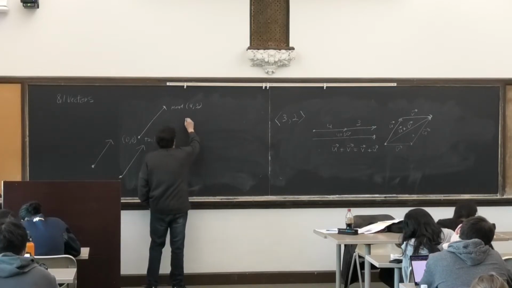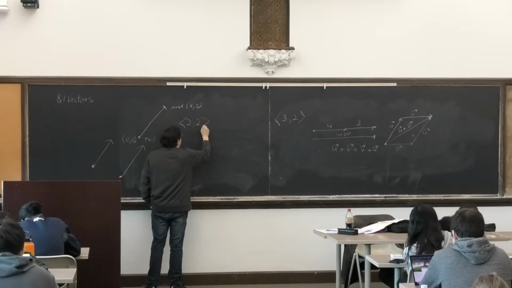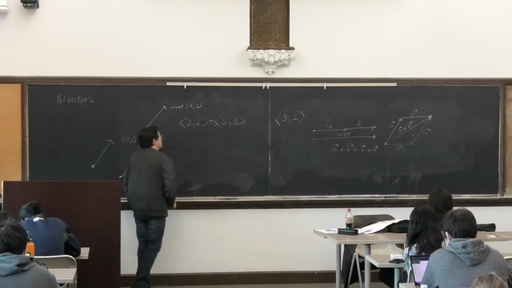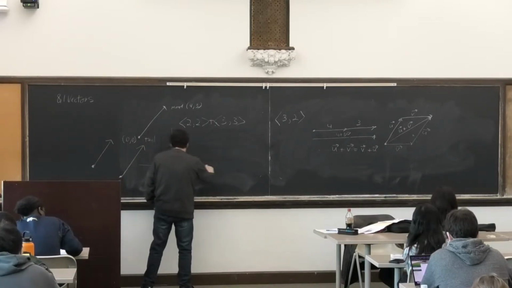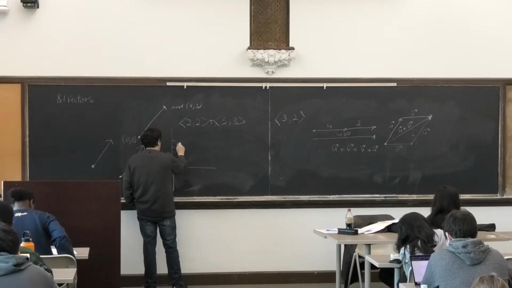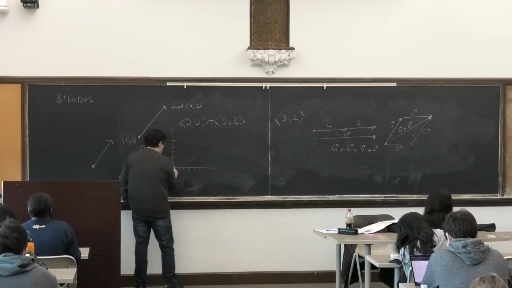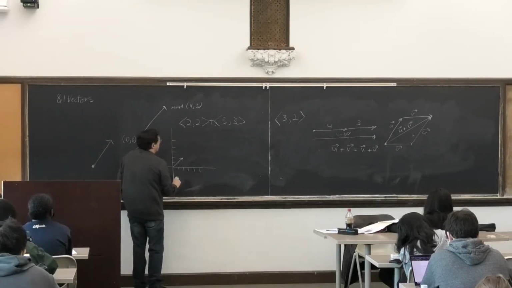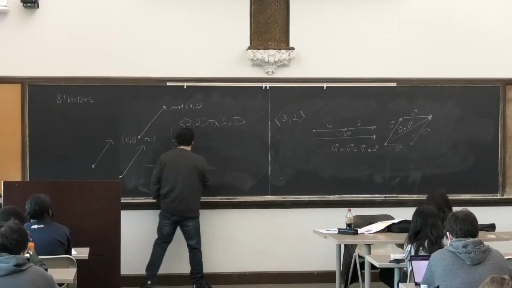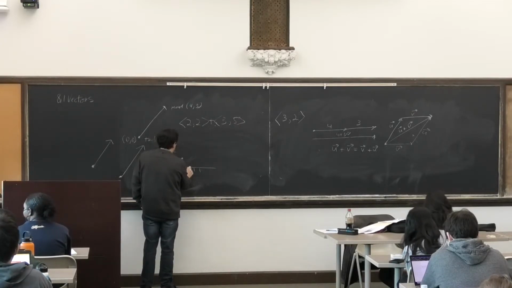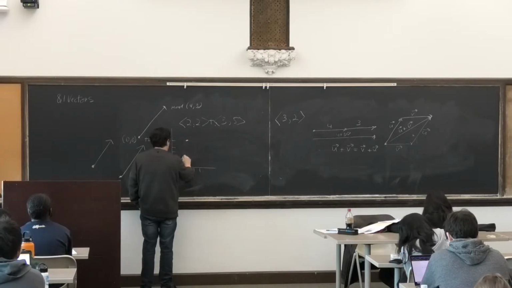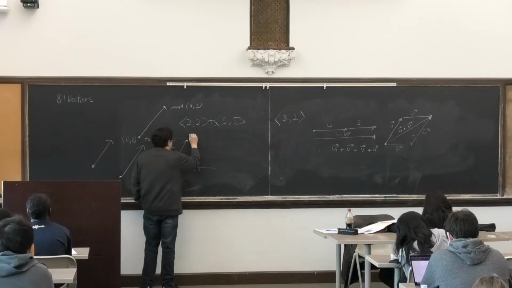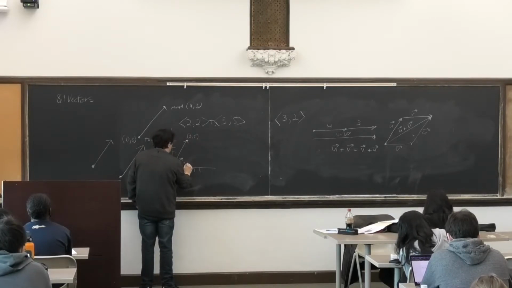I have two vectors, we'll call them 2, 2, and, no, I don't want 3, 3, that would be too easy, 3, 5. So this is 3, 5, and 2, 2.